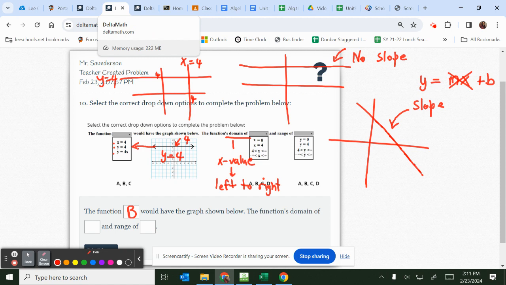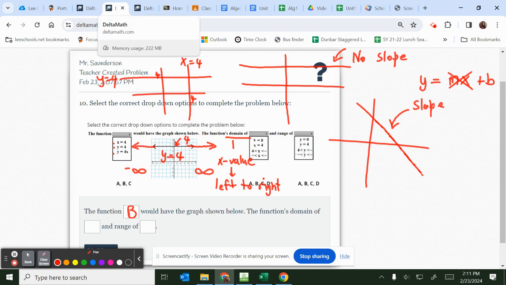Because I'm seeing an arrow, it's going on and on forever. If it's going forever to the negative side, it's going to negative infinity. And on the right side, it's also going on forever. The more you go to the right, the more positive you're getting. So I would be going to positive infinity.